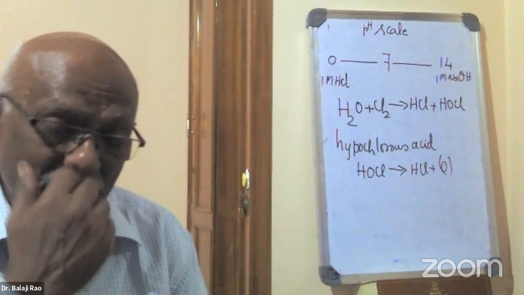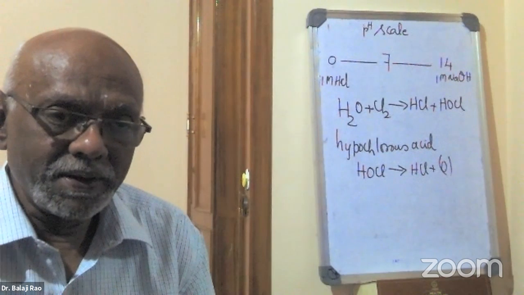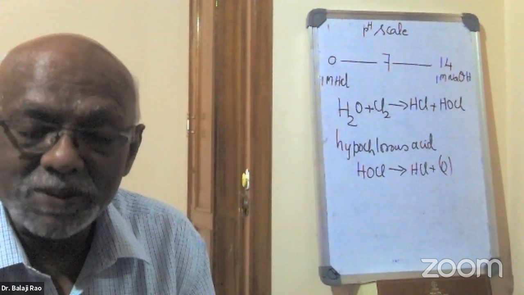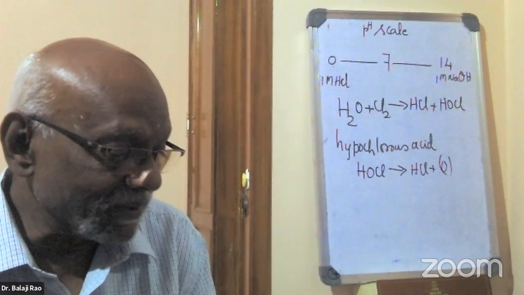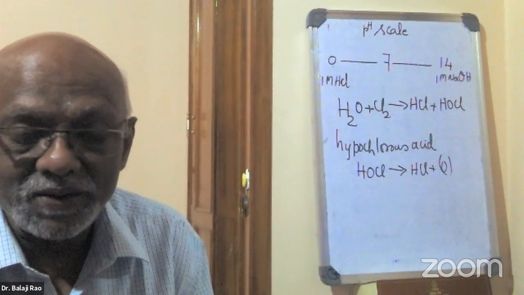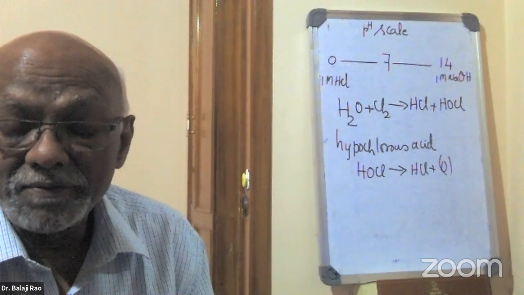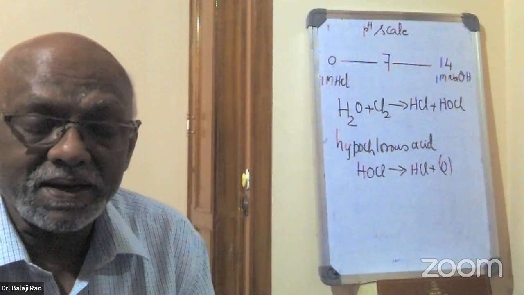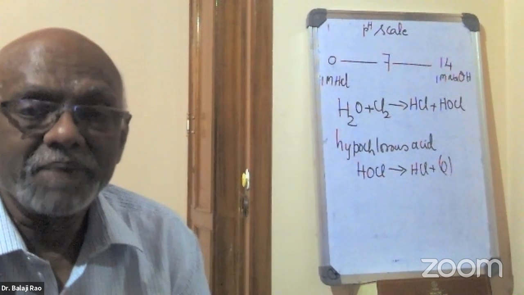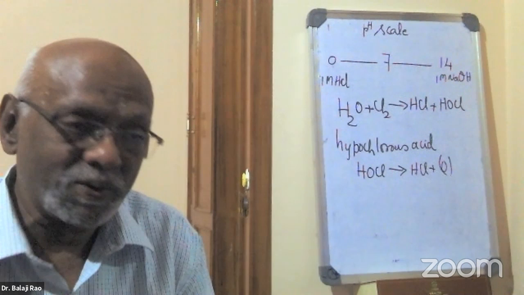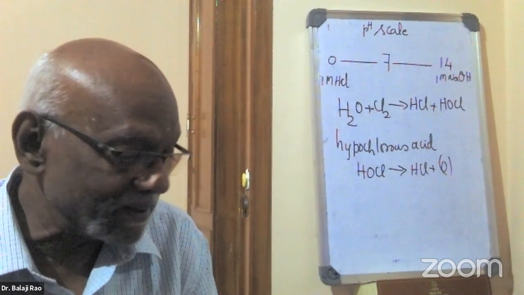Go into the stomach, go down deeper. When you enter the stomach, you get hydrochloric acid. You'll be surprised. The pH of the gastric juice inside your stomach is 1.2. That means we have an extremely acidic atmosphere inside our stomach. We will see what happens if it goes below or above that.